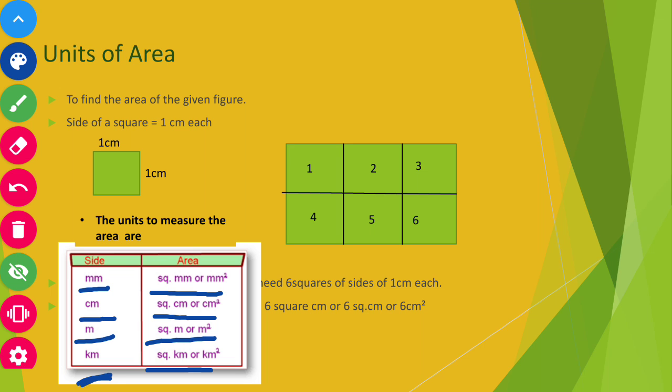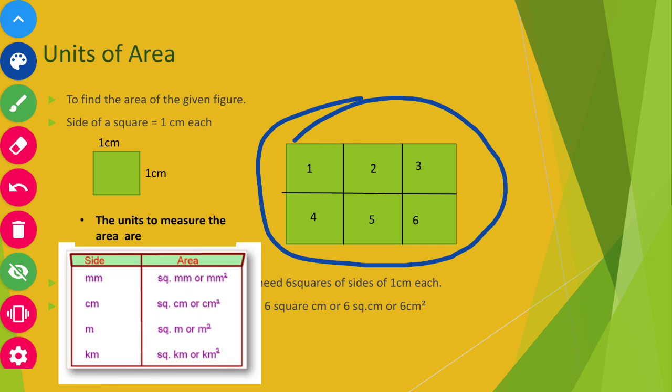Suppose, to find the area, the side of the square is 1 centimeter. So how will you measure the area of this rectangle or this shape? You need to count the number of squares.